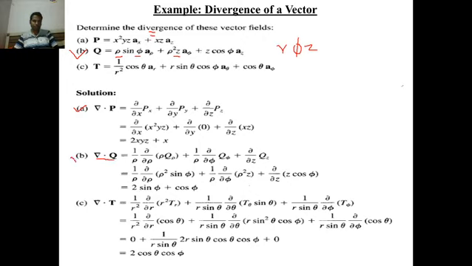Divergence formula for cylindrical coordinate system. How to recall this formula? I explained it a few minutes before. So similarly here, you decompose this q like this. This is the r component of this q, this is the phi component, and this is the z component of this q bar or q.